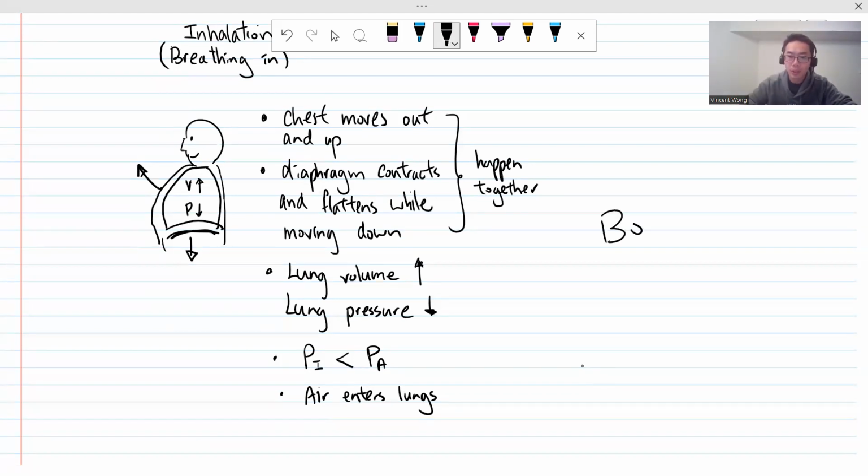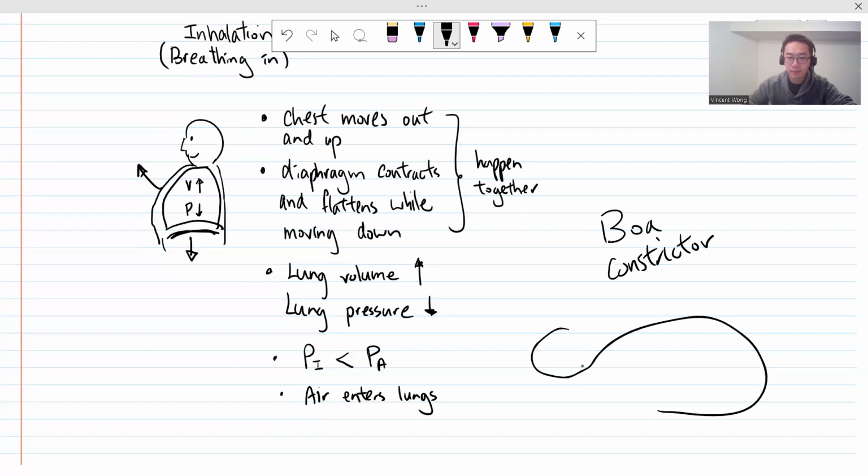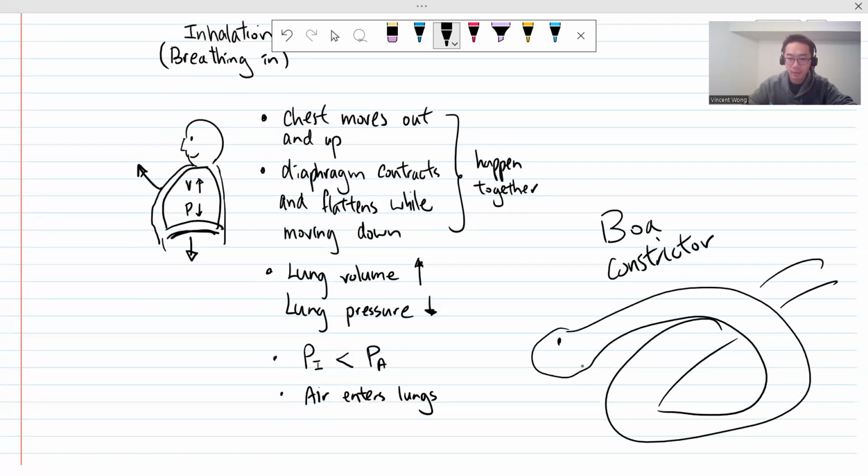Do you guys know the boa constrictor? It's like the snake, right? Like the really, really big one. I'm sure that's not what they look like, but anyway, how does the boa constrictor kill its prey? It wraps itself around the prey, like a small animal.